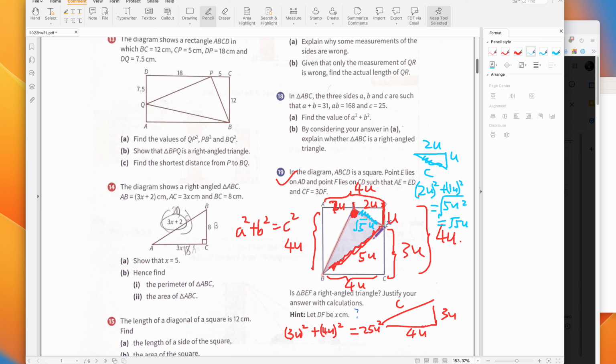Okay? And then you start to see this is not 90 degree. It's not 90 degree. Okay? Because it's not going to be valid. Then this one, same thing. You extract this out. Let me choose a different color. You extract this out.